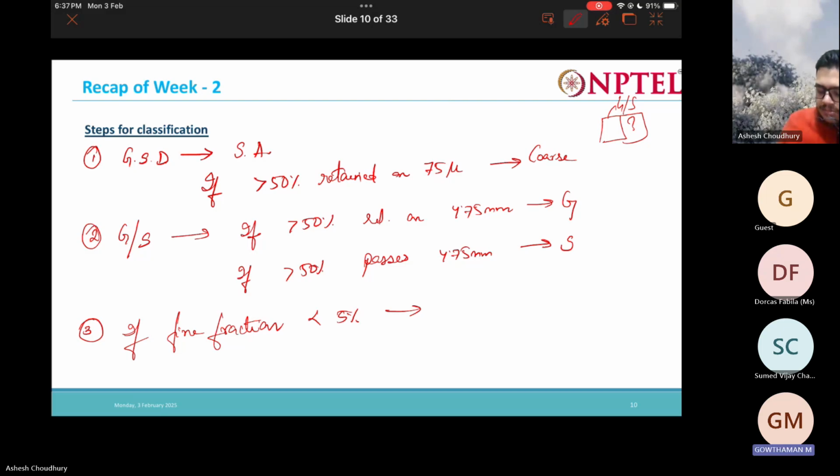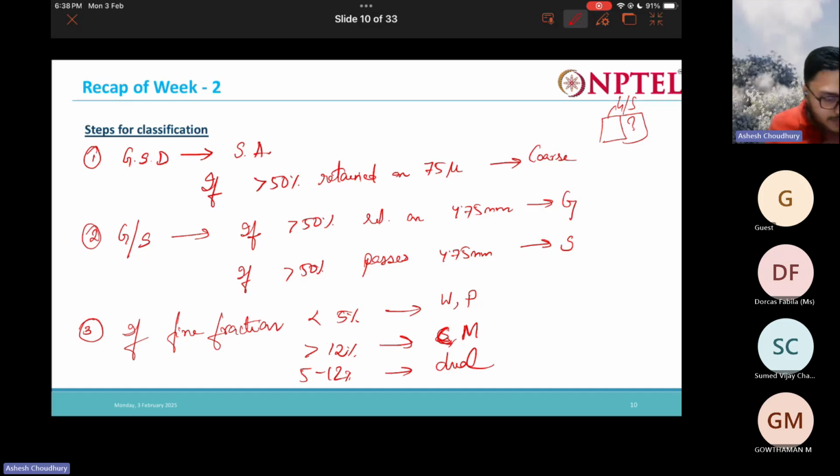It would be well graded or poorly graded, so W or P, based on gradation. If the fine fraction is greater than 12%, then it is C or M, clay or silt. And between 5 to 12%, we will have dual classification.